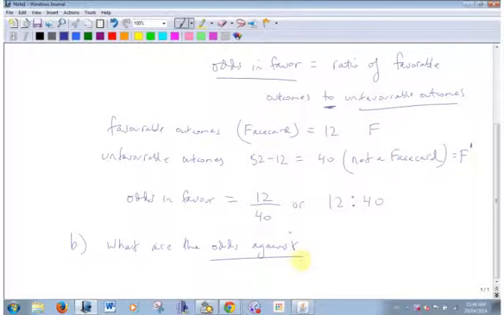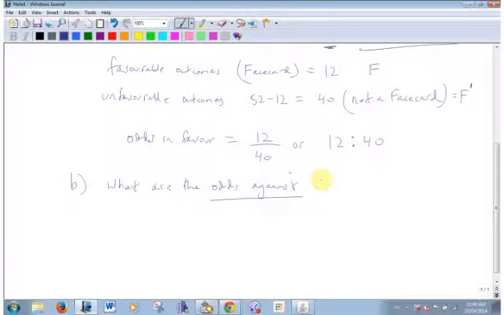The other side of the coin here is, what are the odds against? So really similar, just different. Well, I did 12 to 40, so this is going to be 40 to 12. Now, can I simplify that?